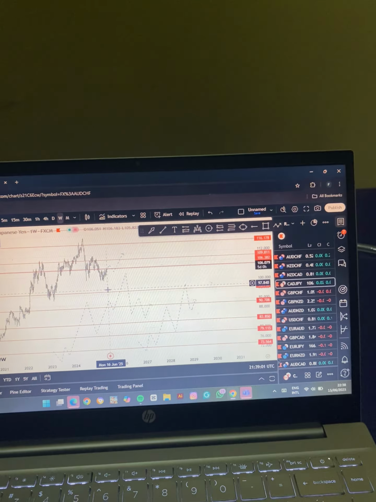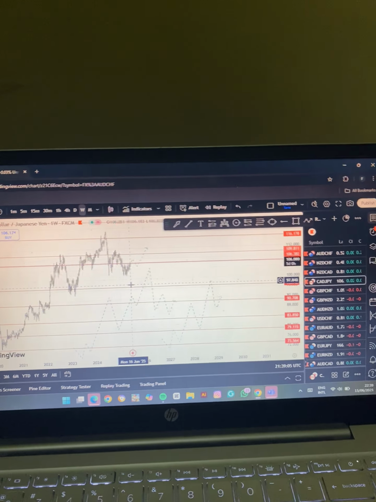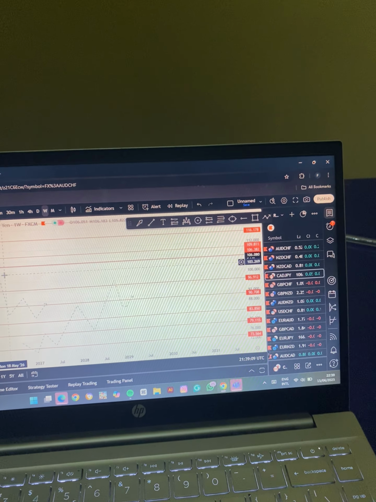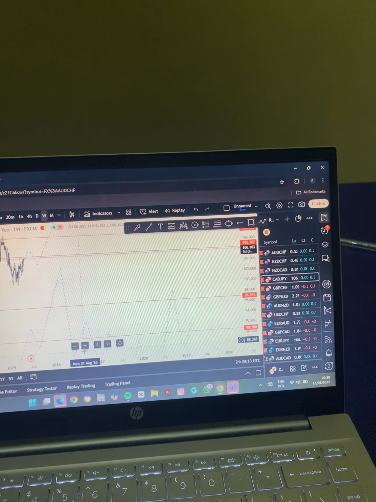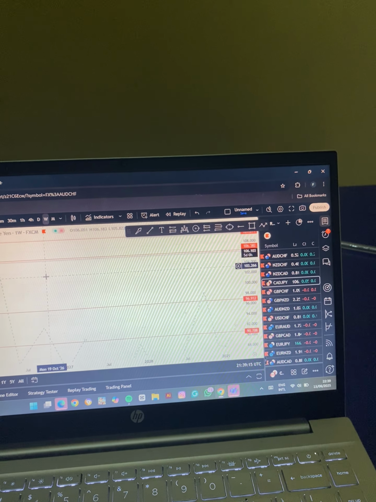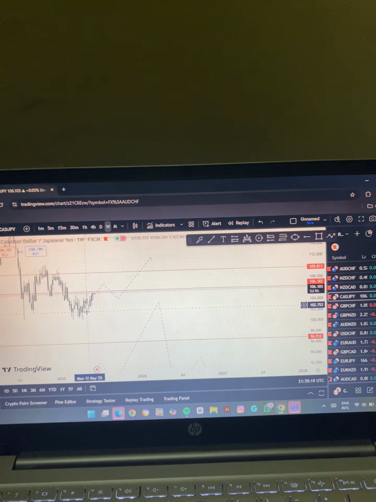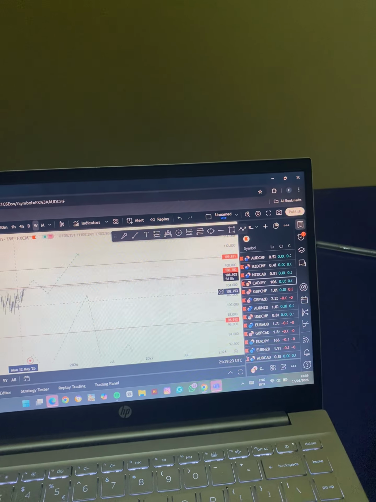So it's very tricky. Probably if we see a break above this, people might be thinking of selling here. I don't know who is right, I don't know who is wrong. Mine is just to use what I know.